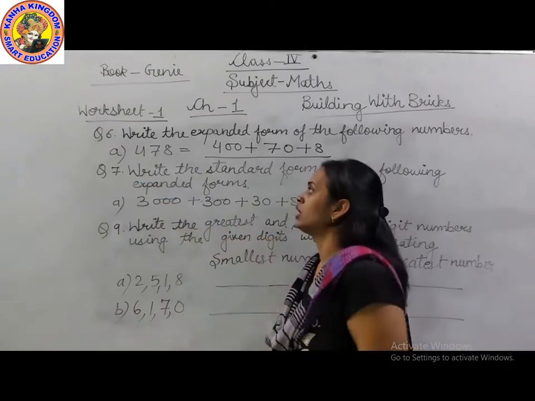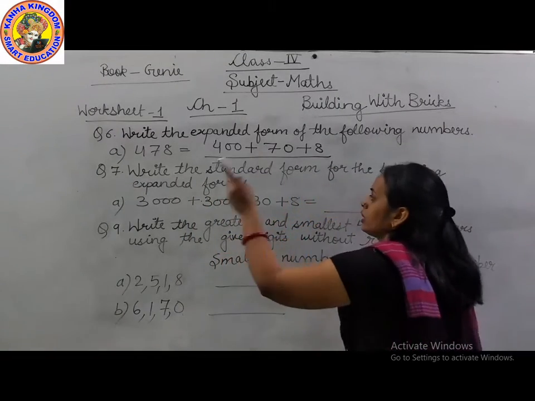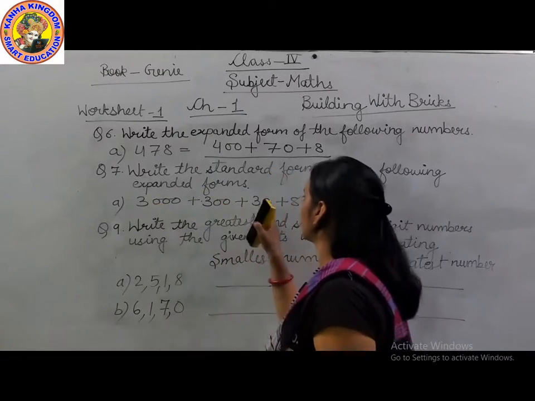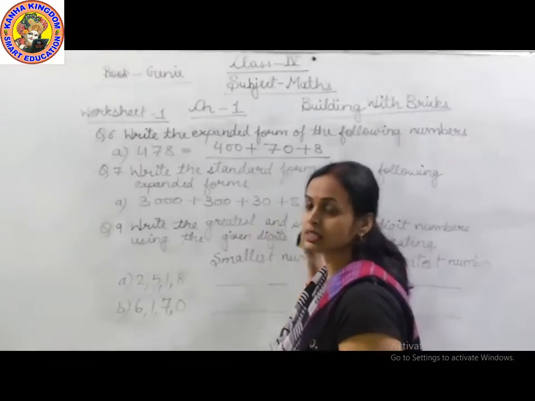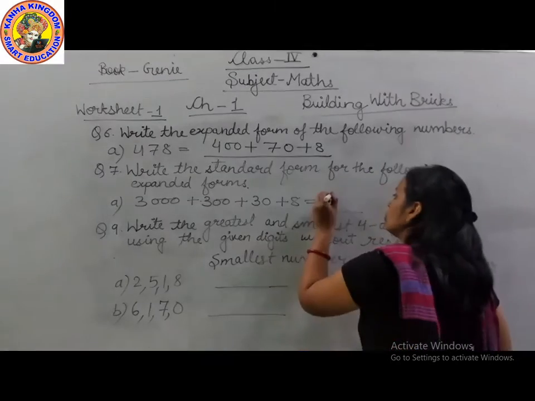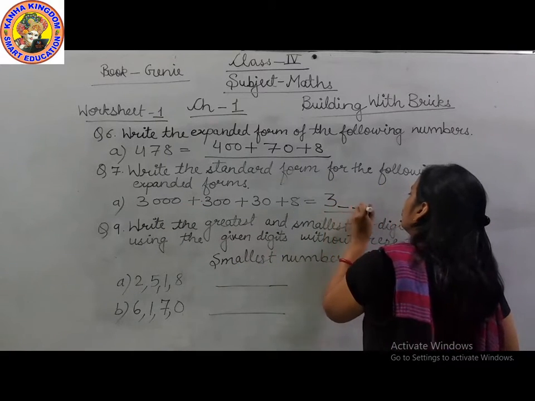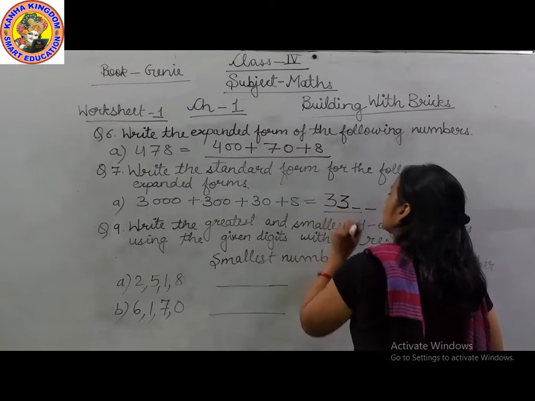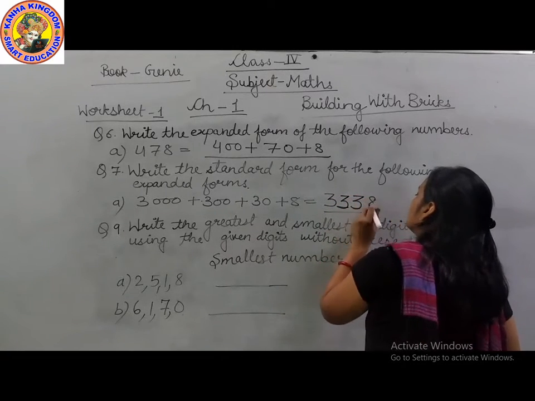Now, question number 7. Write the standard form for the following expanded form. This is the expanded form, so we have to write this in standard form. So 3000, 1, 2, 3. 3338.